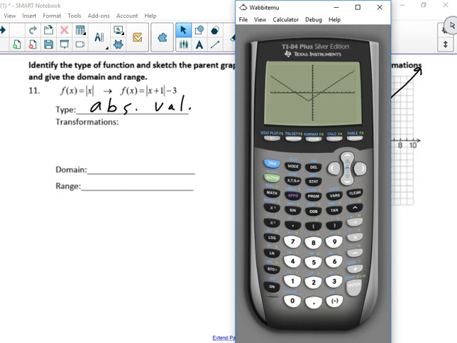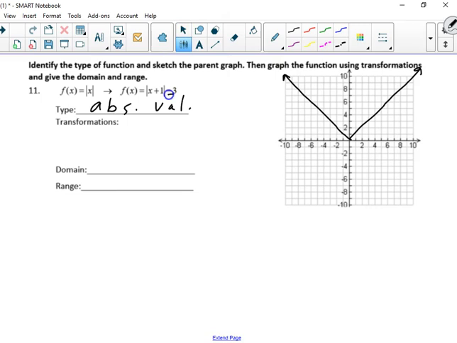So I can go to my table and get some points. Okay? But also, if I know what's going on here, this means down 3 on the outside. This means left 1. We just saw it. It was left. So I can literally just go left 1, down 3.